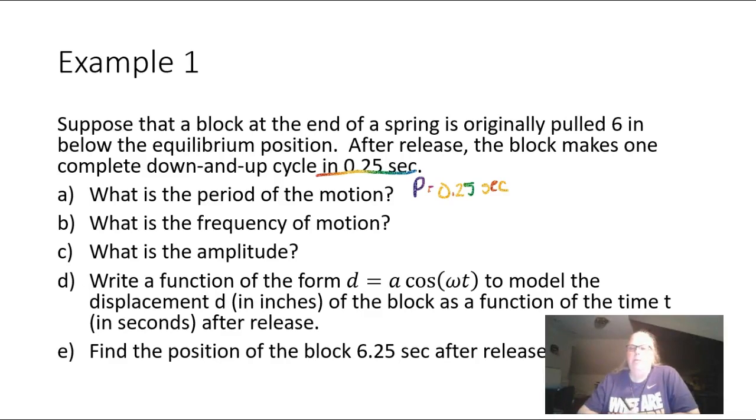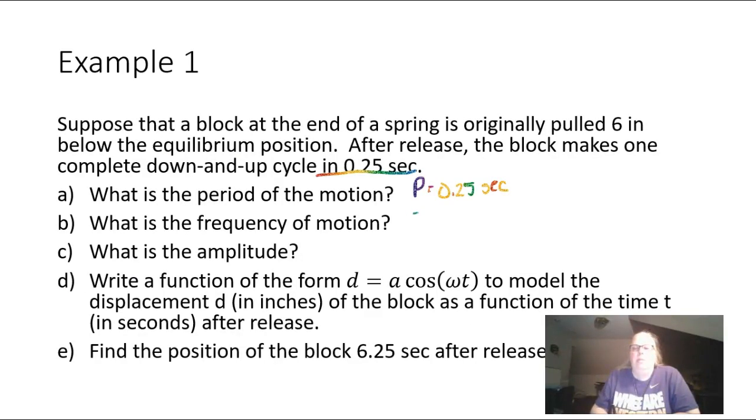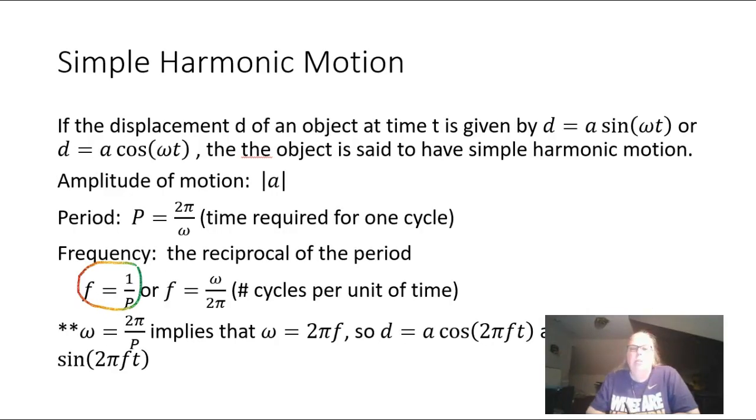Part B, what is the frequency of the motion? Our definition for frequency back on this slide is that the frequency is 1 divided by the period. So the frequency is 1 divided by the period, which we know to be 0.25. When we put that in the calculator, we get 4.